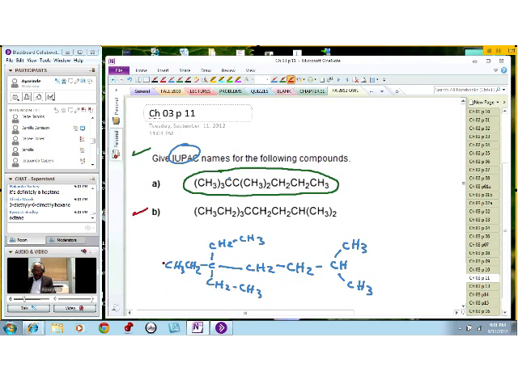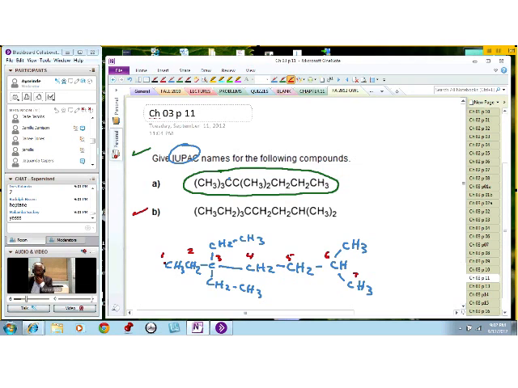Let us see if we can start numbering from here. 1, 2, 3, 4, 5, 6, and 7. So therefore it is a heptane. Okay, very good. So therefore, will somebody say 3,3-diethyl 6,6?